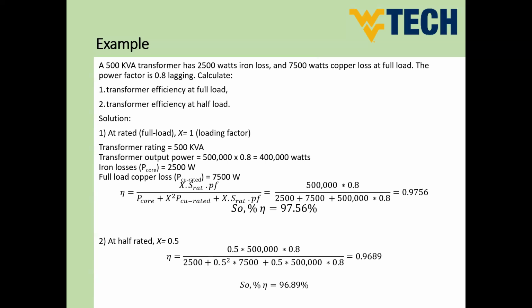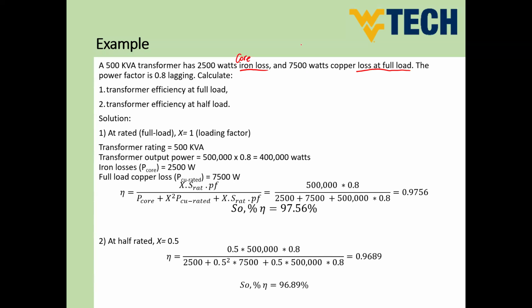Now let's solve and end with this example. We have a 500 kVA transformer that has 2500 watts iron loss. Iron loss is the core loss, because the iron loss is consumed by the iron of our core. And 7500 watts copper loss at full load.